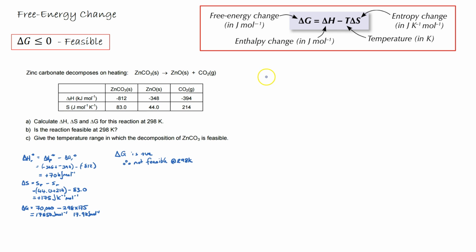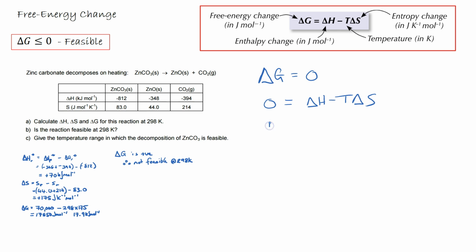So the final thing to do then is to determine at what temperature the reaction is feasible for the zinc carbonate thermal decomposition. And so here we say delta G is equal to 0, and therefore 0 is equal to delta H minus T delta S again.